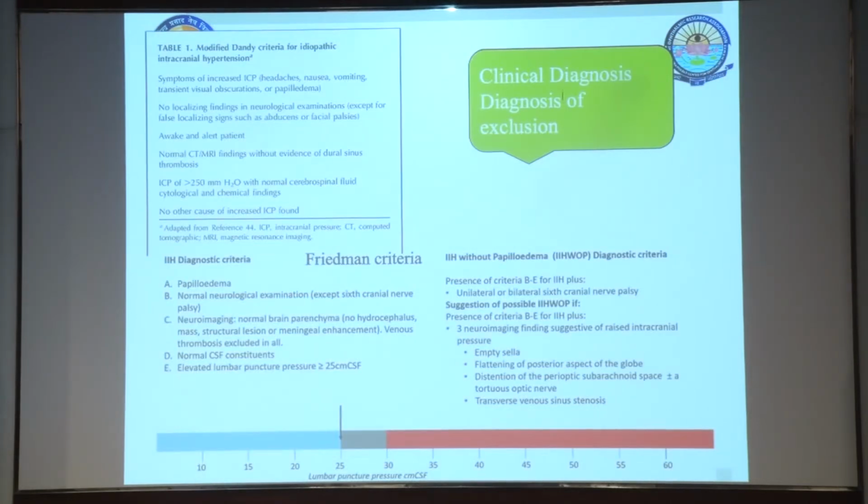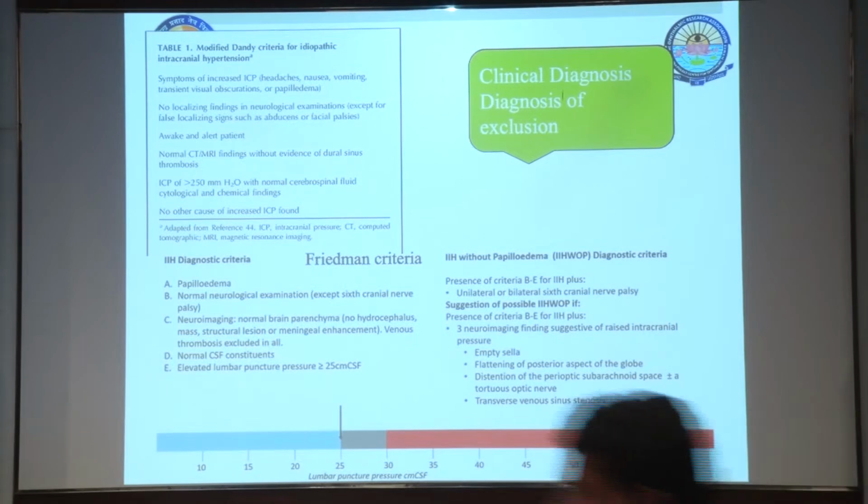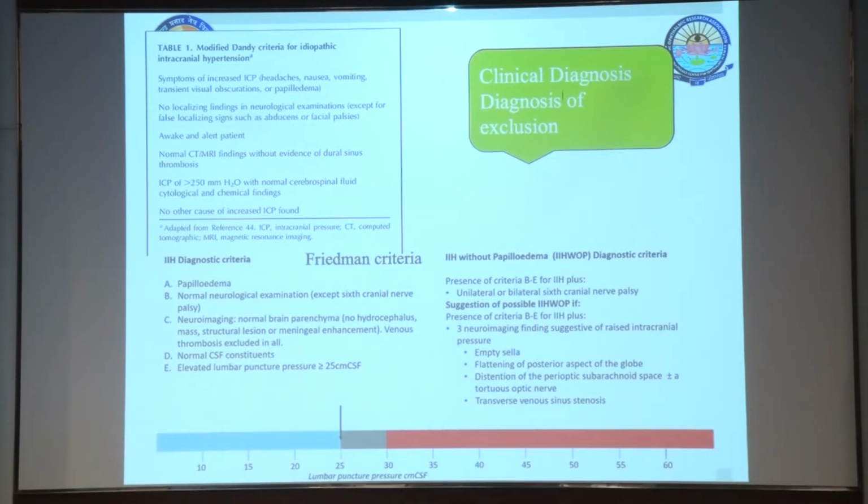So IIH diagnosis still remains a clinical diagnosis of exclusion, but there are certain criteria into which the patient has to fit before we diagnose IIH. Essentially, these criteria include that all other neurological features should not be there in the presence of papilloedema, and the only neurological feature that may be present will be a bilateral sixth nerve palsy.